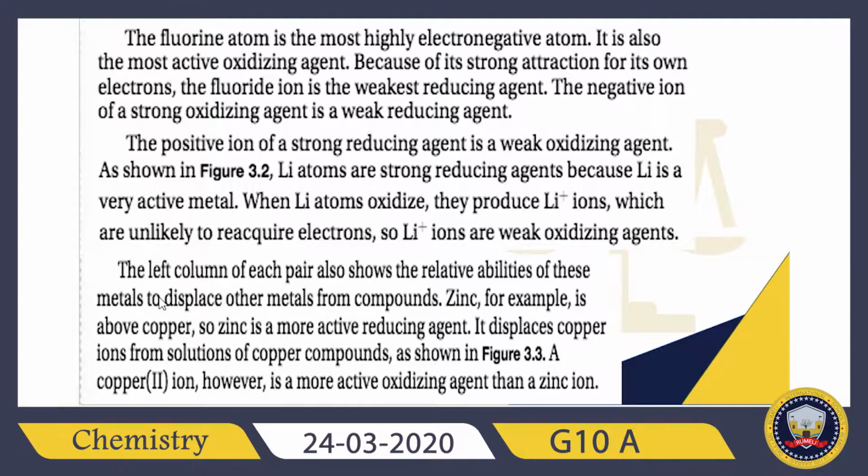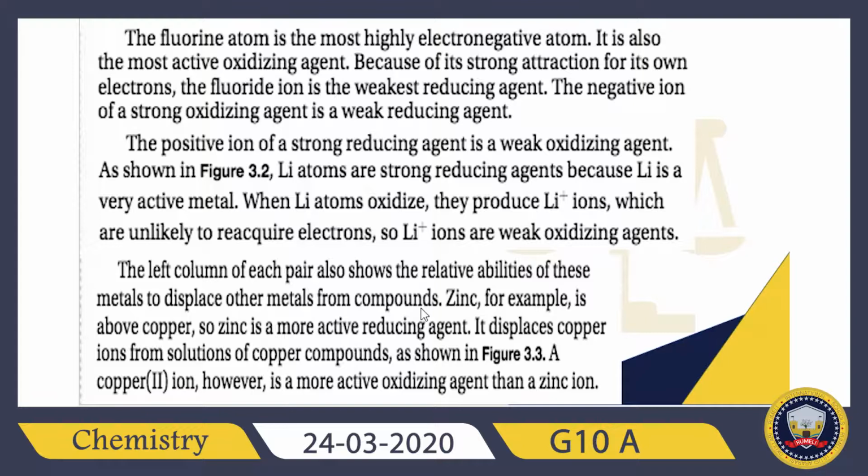Now, the left column of each pair also shows the relative abilities of these metals to displace other metals from compounds. So now we have a displacement reaction. We will take it later, or actually we took it before, in single displacement and double displacement. One element or compound will displace another.